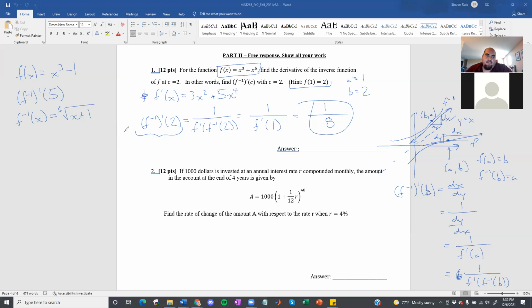For the first one? Yeah, for this one, if I wanted f inverse prime of 5, then I would do 1 over f prime of f inverse of 5. Right, and f inverse of 5 would be something silly like the cube root of 6.